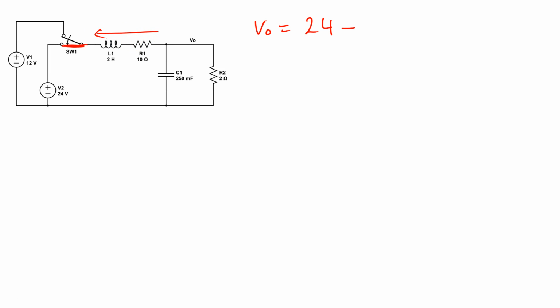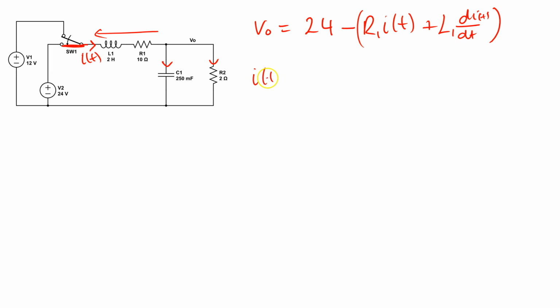If this current is I0(t), well, let's just call it i(t) to make it shorter, the voltage across there would be R1 i(t) plus L1 di/dt. And then we know that this i(t) is equal to the sum of the currents here and here.